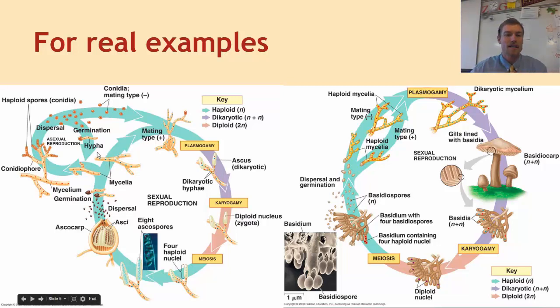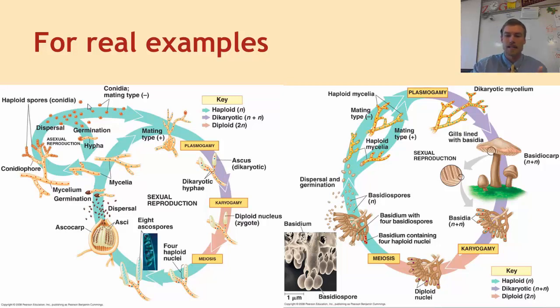If the plus and the minus ever come in contact with one another, then it will produce the ascus, which is where the zygote will actually be produced. That zygote will then go through meiosis, and the meiosis turns into these spores. The spores are then dispersed, and it turns back into the mycelia, which are doing the normal fungal activities.